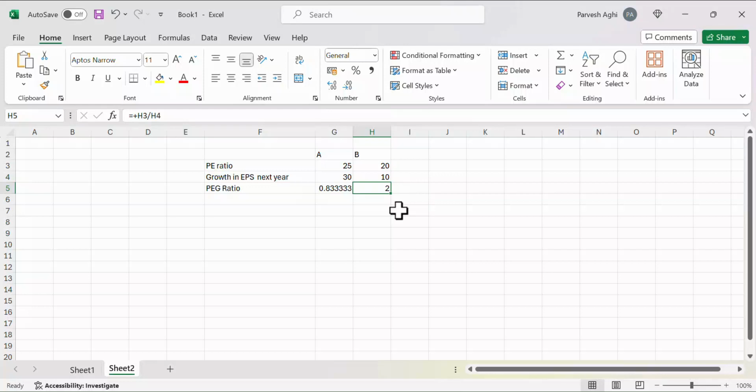Discount is better. So if the PEG ratio is less than 1, we say company सस्ती है भैया, और आगे का कंपनी का अच्छा ग्रोथ है और वो भी अभी डिस्काउंट पे ट्रेड कर रही है. Greater than 1 it is costlier, less than 1 it is cheaper.